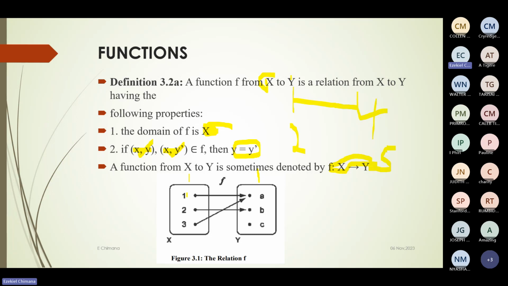But to have one value being mapped to more than one value on the y side, or on the range, that will disqualify it from being a function. So in other words, not all relations are functions, but some of the relations are functions. That's what we mean here.